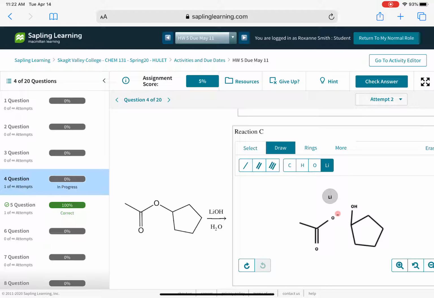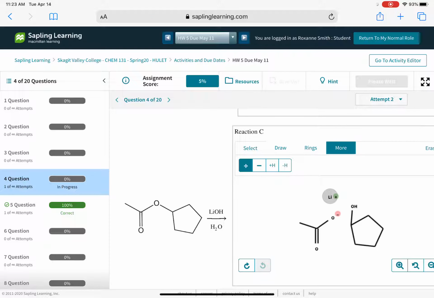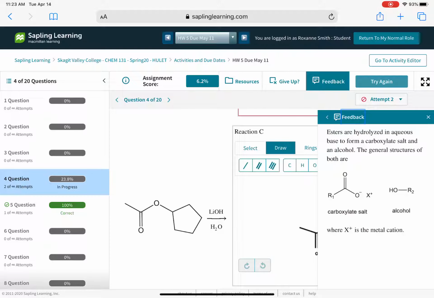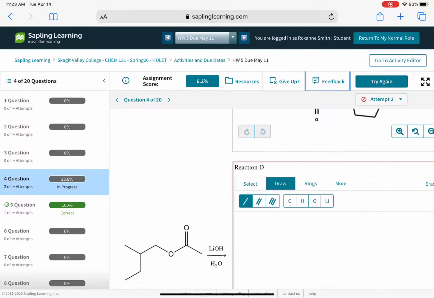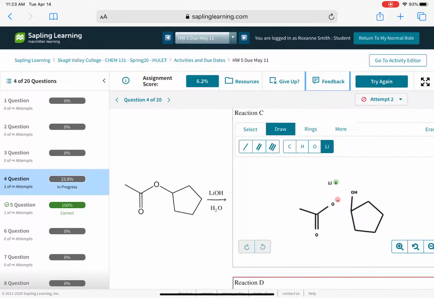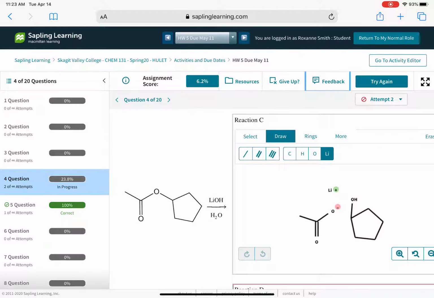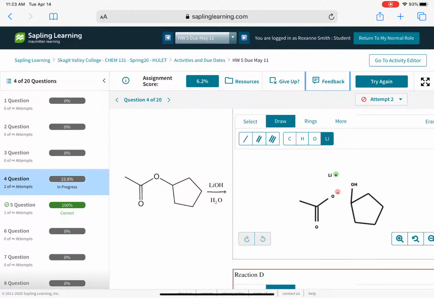Oh, yeah, I think it's going to like that. I'm just sticking the lithium somewhere near the oxygen. We'll see how that works. So it did like that. The question is still wrong because I haven't done anything for the other reactions, but notice that this reaction C doesn't have the red outline around it. So this is what it wants. Don't make an oxygen-lithium bond. Just stick the lithium somewhere and call it good.